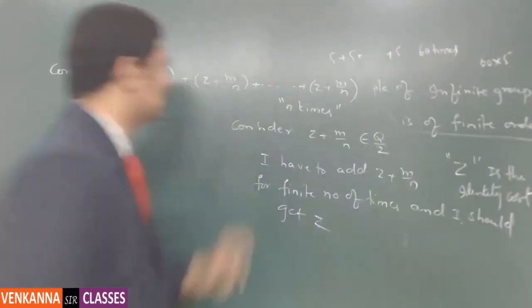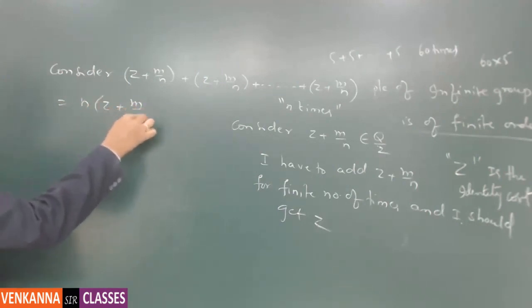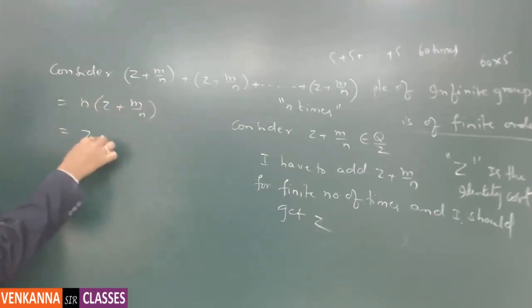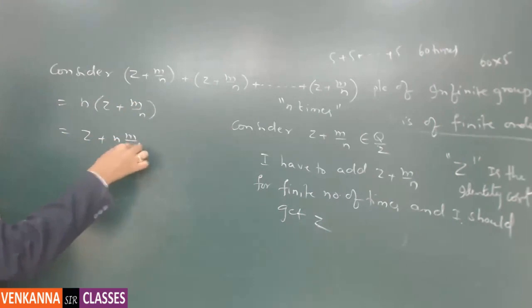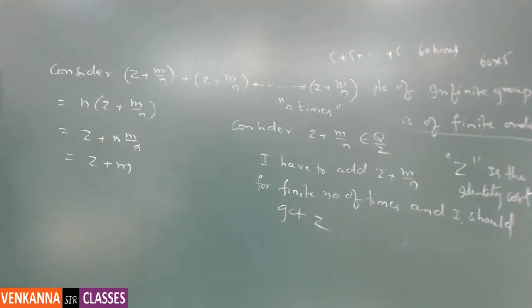Similarly, this is nothing but n into Z plus m by n. So this is equal to Z plus n into m by n. This is the value. Please check.